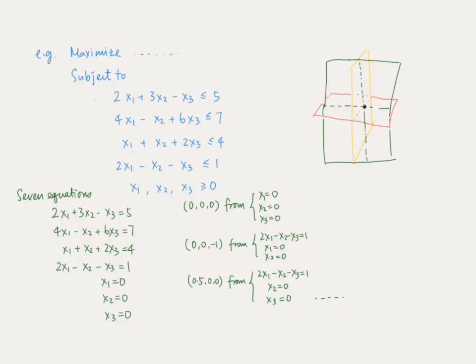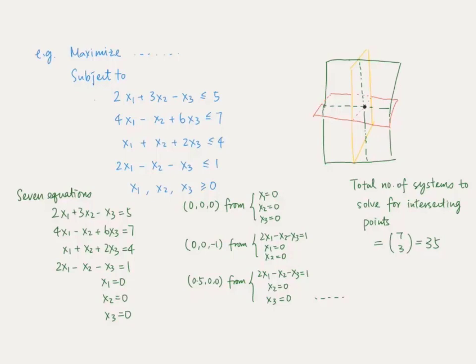For example, if we solve for this system, we get the point (0, 0, -1). How many systems are there? It is the number of ways of choosing 3 equations out of 7 equations. That is, by the binomial coefficient, 7 choose 3, which is 35.